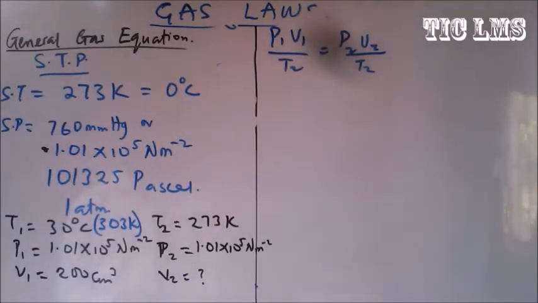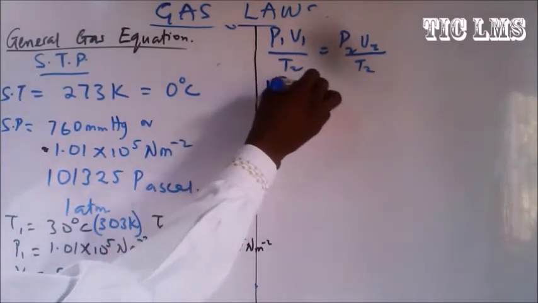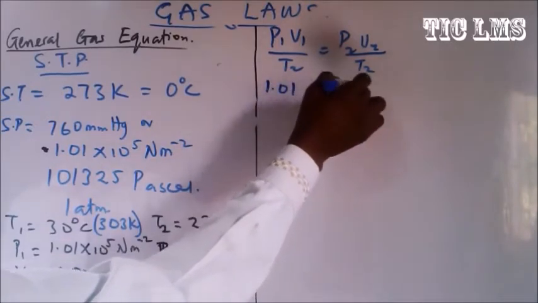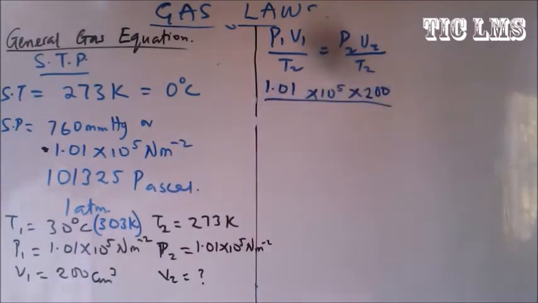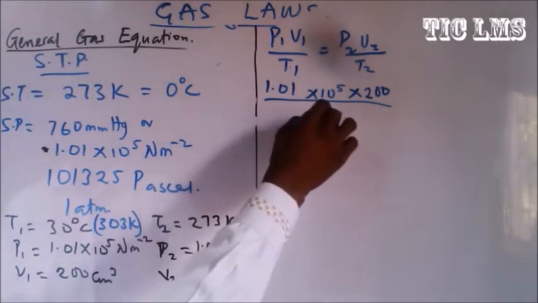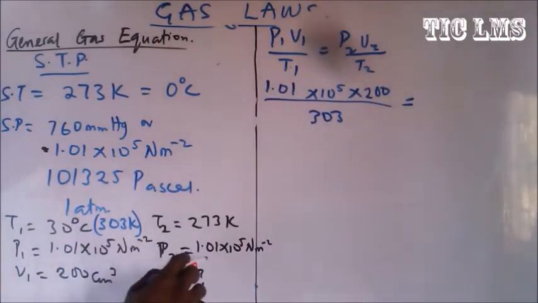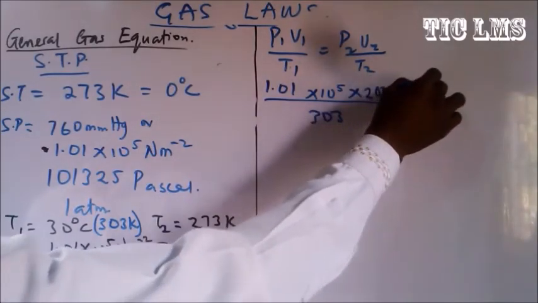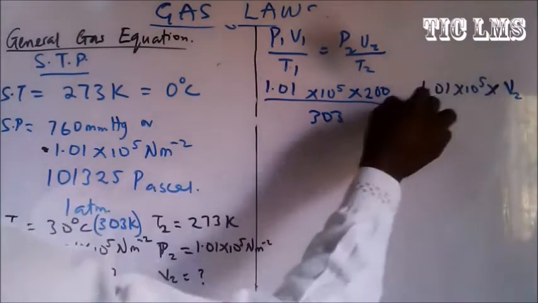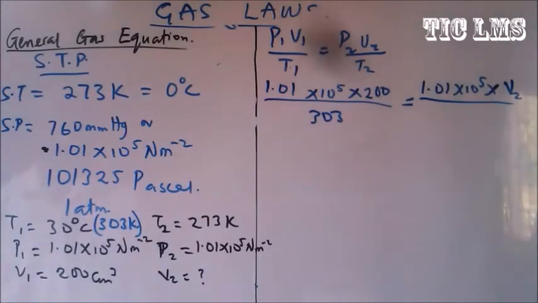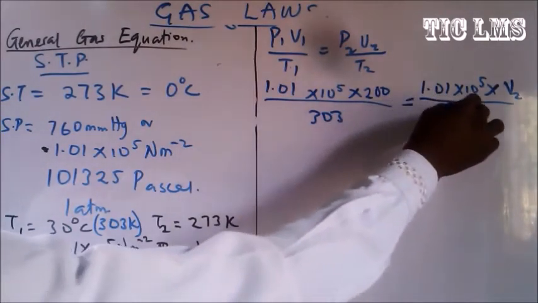With this information, we substitute our values into this, and so we have our initial pressure, which is 1.01 times 10 to the power of 5 multiplied by the initial volume, which is 200, divided by T1, our initial temperature, which is 303, equal to the standard pressure, which is P2, that is 1.01 times 10 to the power of 5 multiplied by the volume 2, which is unknown, so we have it as V2, over T2, which is the final temperature, that is 273 Kelvin.